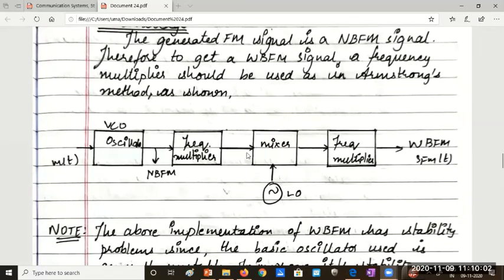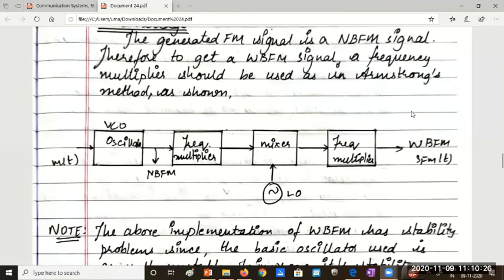And I can't keep the two separate blocks next to each other because the other factor which we need here is the frequency deviation. So the frequency deviation for commercial FM transmission will be around 75 kilohertz.